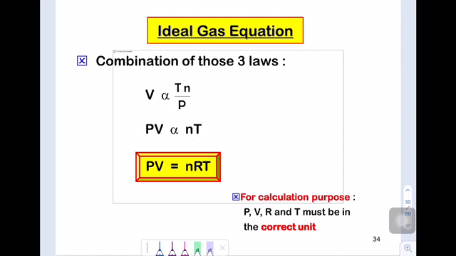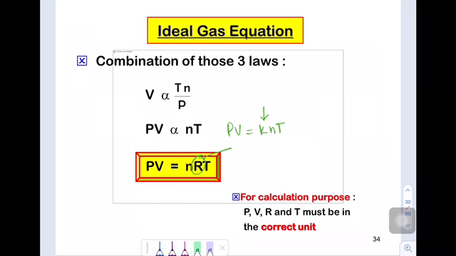When we change this directly proportional symbol to an equal symbol, we are supposed to add a constant, so PV equals K times nT, where K is the general constant, and this equation is the ideal gas equation. We are using R as the ideal gas constant.